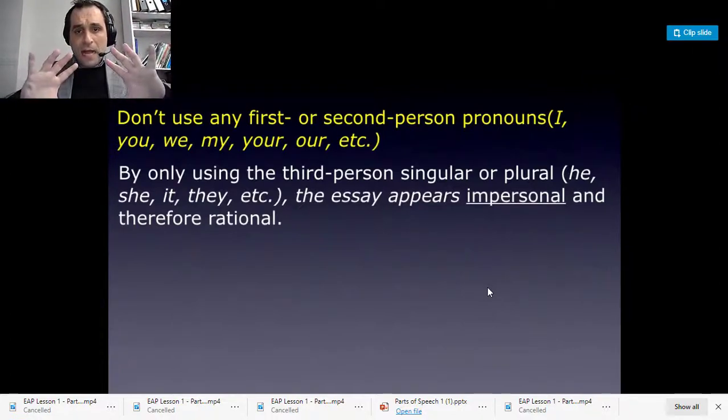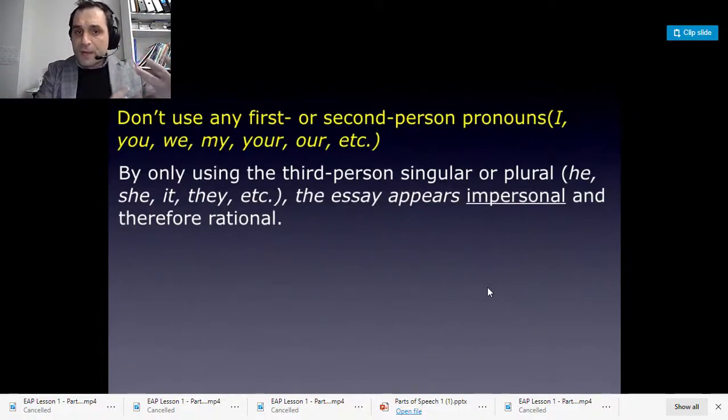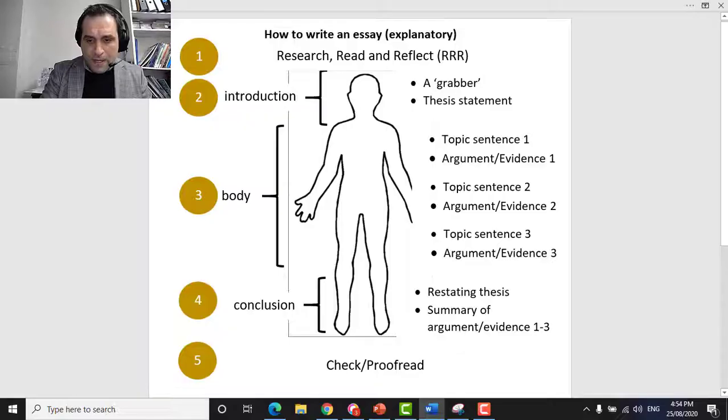Then you have the body that has 3 paragraphs, and then you have the conclusion. So, as I said before, that's your structure, as you can see on the screen. Remember that. Use this as a template for you to know how to start.